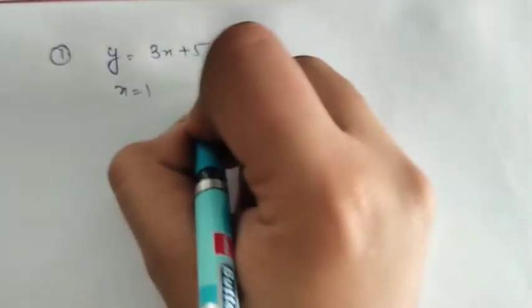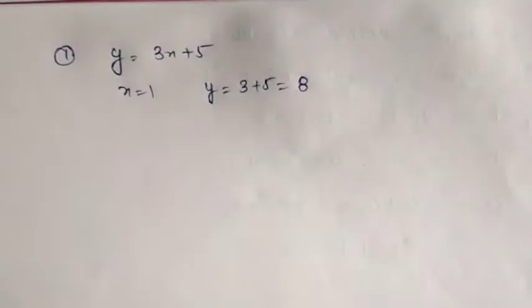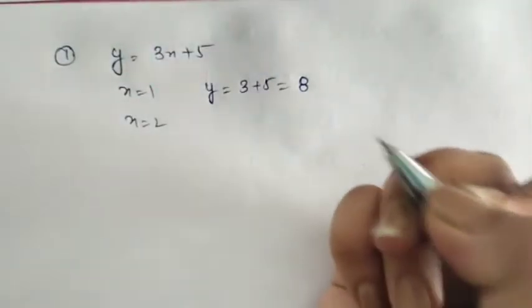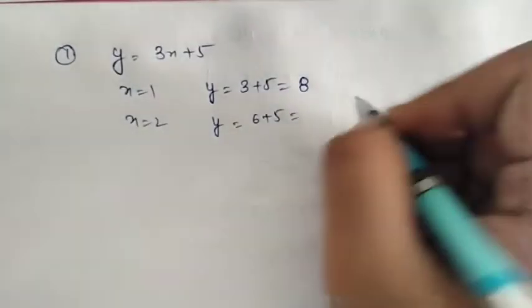Okay, so our equation is y equals to 3x plus 5, right? As I already told you, we can put multiple values for x so that we will get multiple values for y. If we put x equals to 1, then y will be 3 plus 5, that will be 8, right? If I put x equals to 2, then y will be 6 plus 5, that will be 11, right?